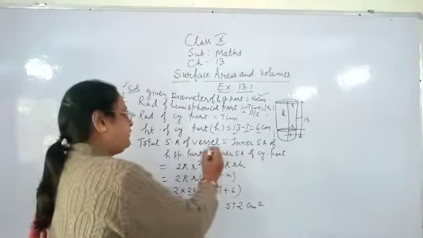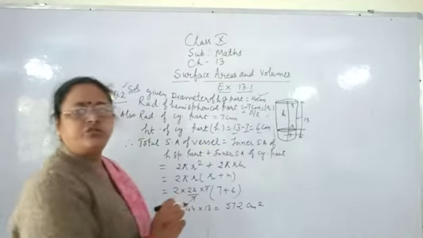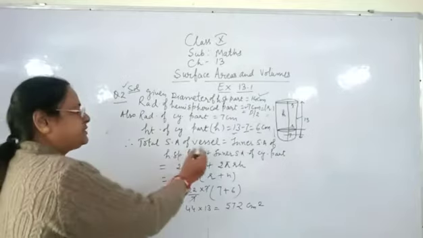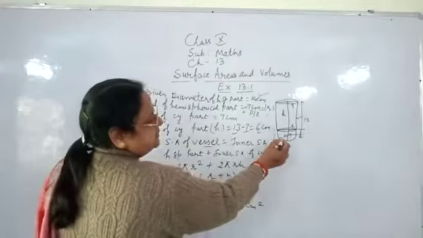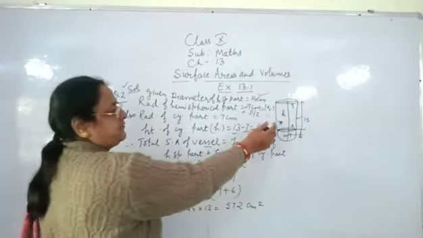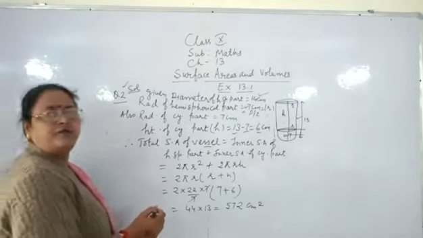Now what we have to find out? Listen students, we have to find out the total surface area of this vessel as shown in the figure. Now the total surface area of the vessel is the inner surface area of the hemispherical part and the inner surface area of the cylindrical part. You have to learn the formula.